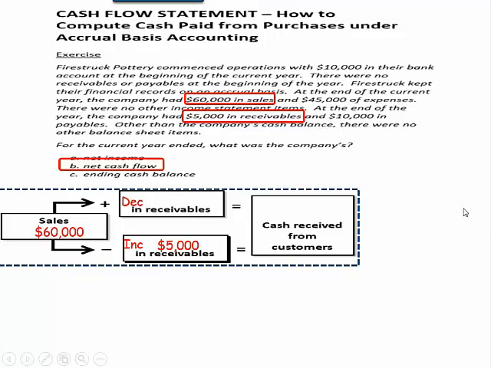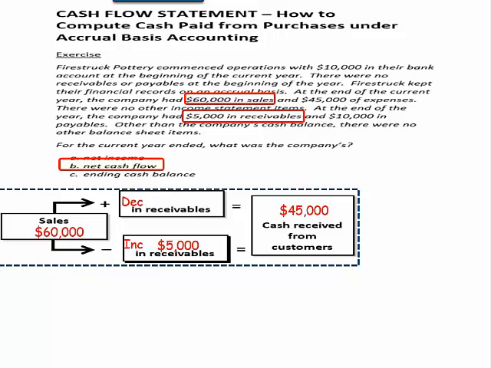Since the company had a zero balance of receivables to start off with, that means it had to be an increase of $5,000 in receivables. So again, we do the math. $60,000 of sales minus that $5,000 increase gives us, and there I obviously have an error right there. That should be $55,000 of cash received from customers, not $45,000.